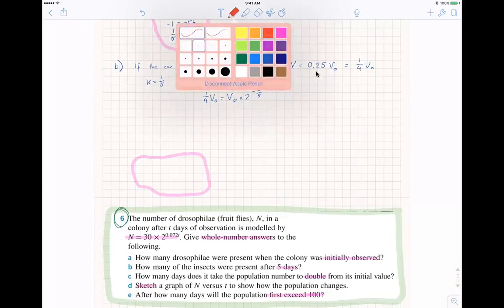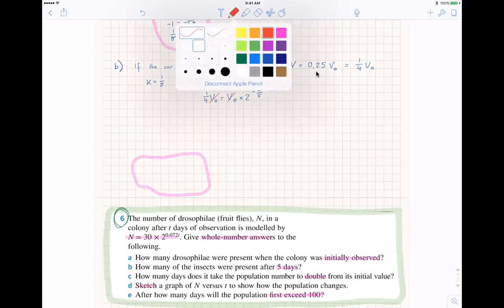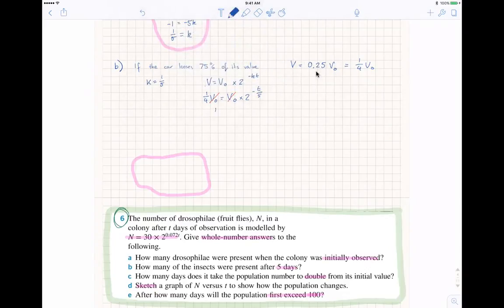Again, we need to divide through by v0 so that we're left with 1/4 equals 2 to the power of minus t on 5. Can use CAS then.